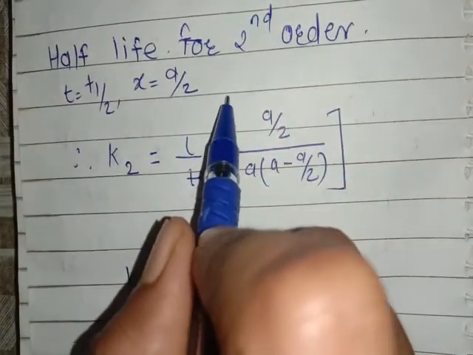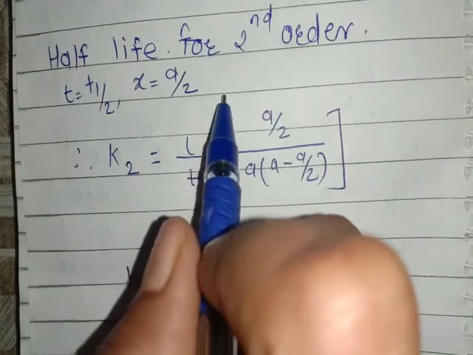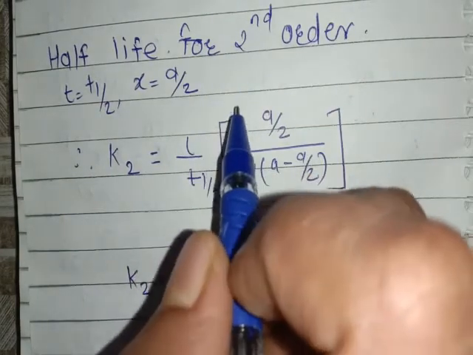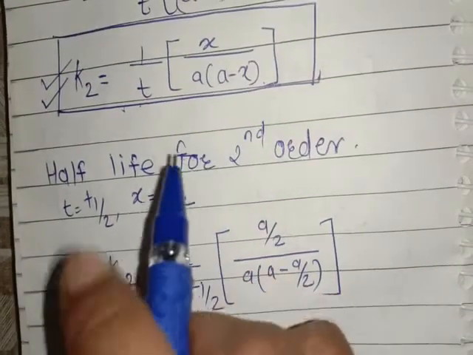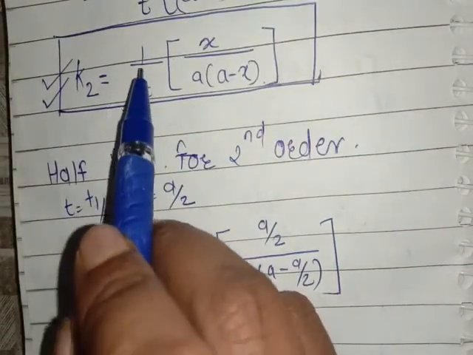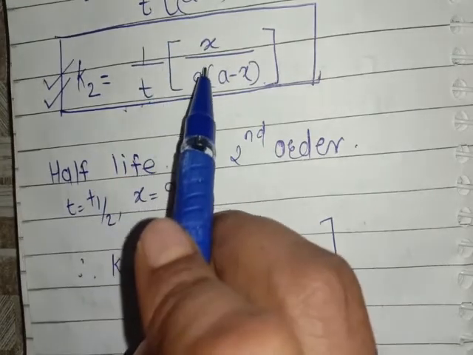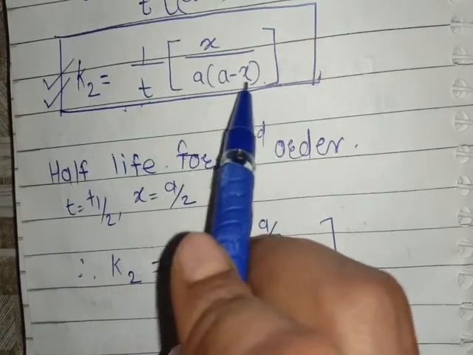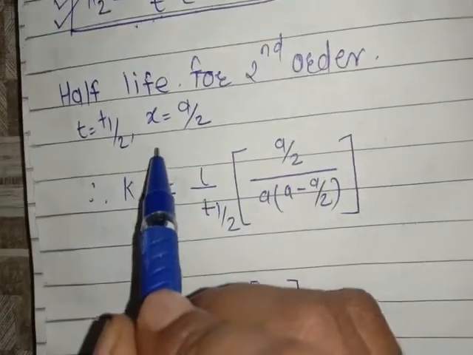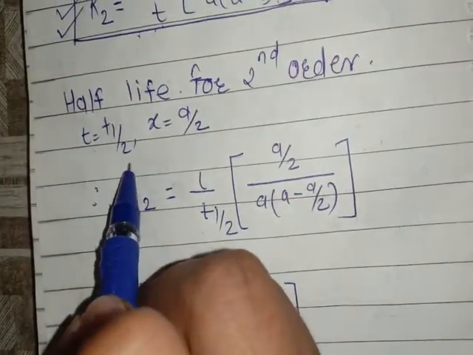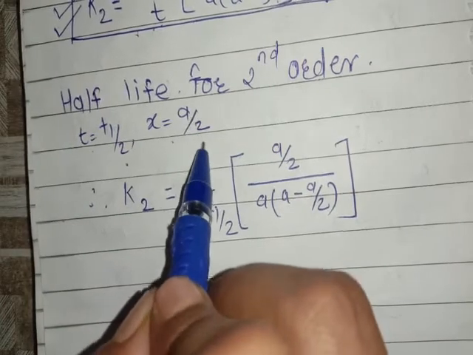Half-life for the second order reaction, we can easily find out by using the above equation. k2 is equal to 1 upon t into concentration of x upon a into a minus x. Then we put t is equal to t half, x is equal to a by 2.